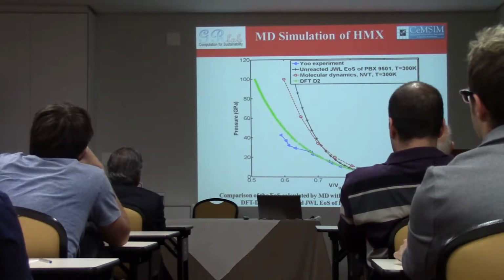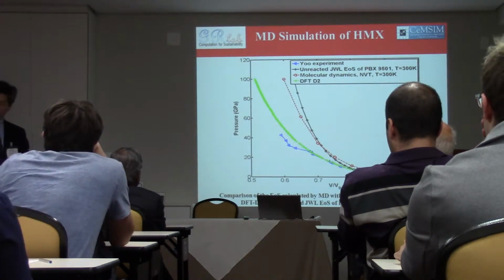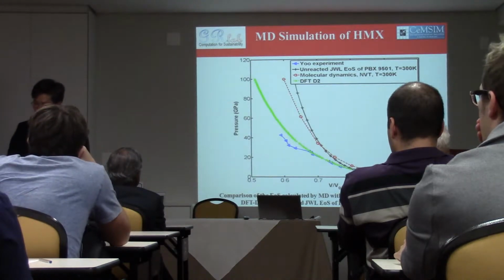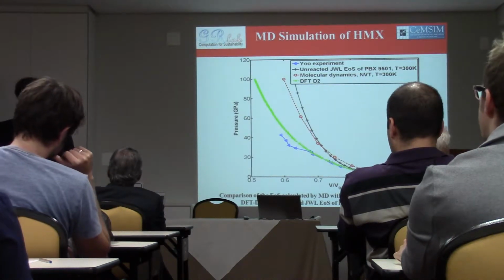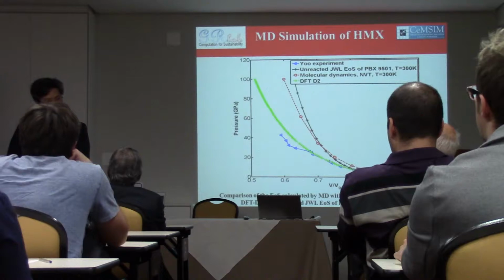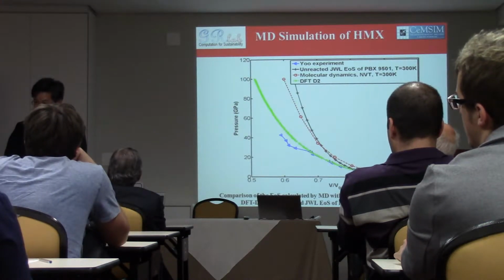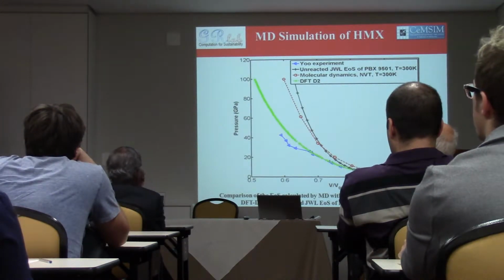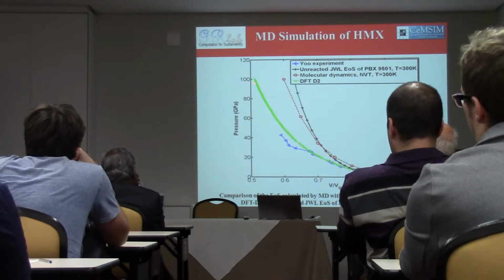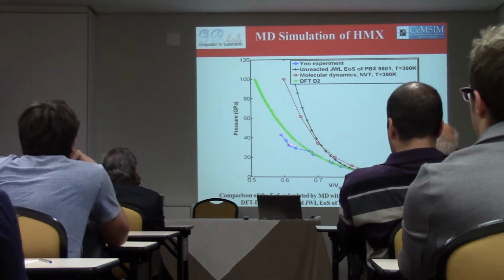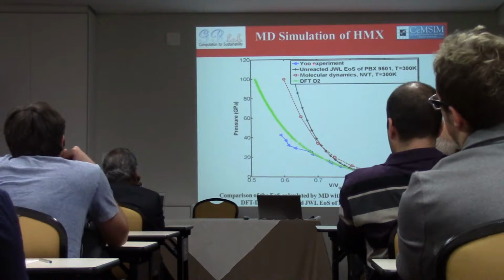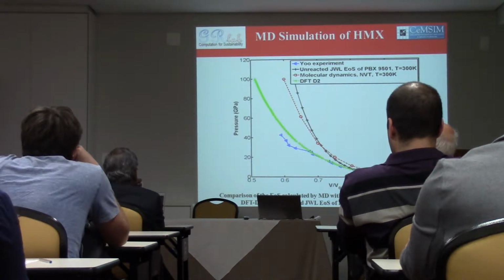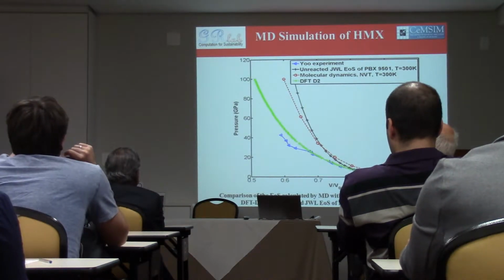Because we fix the temperature at 300 degrees, there's no burning. It is purely a compressed piece of crystal. And this is the DFT solution, and this is the experiment from this group. Actually, it's a reasonably good match.